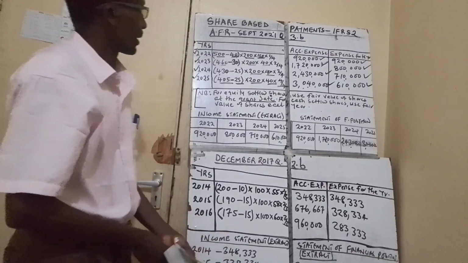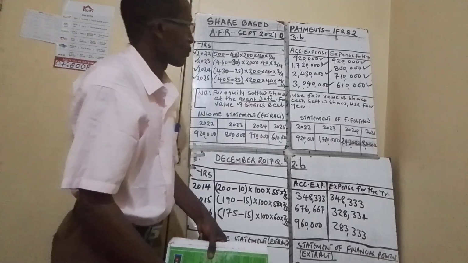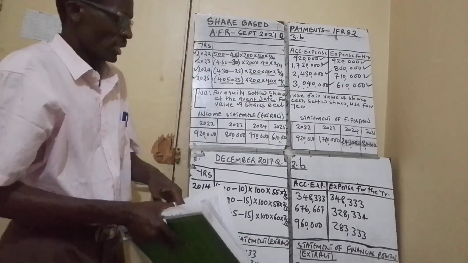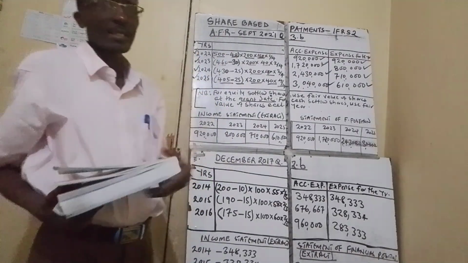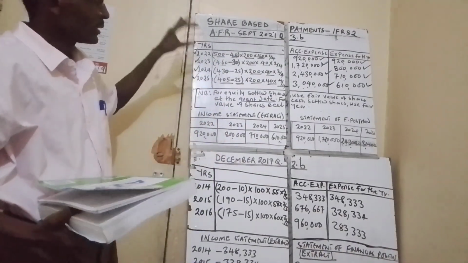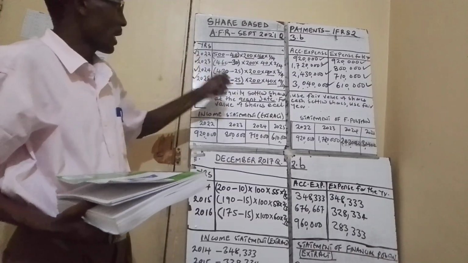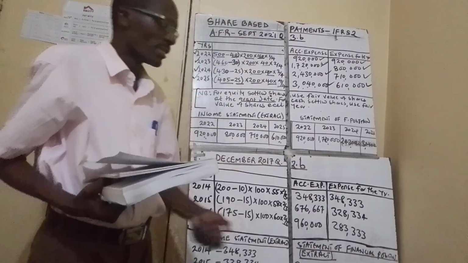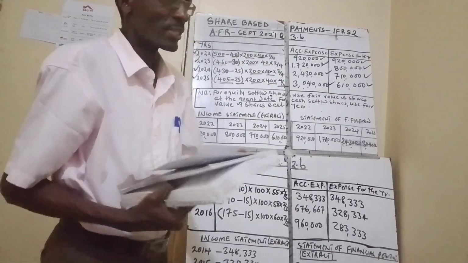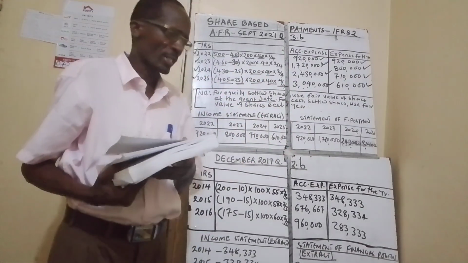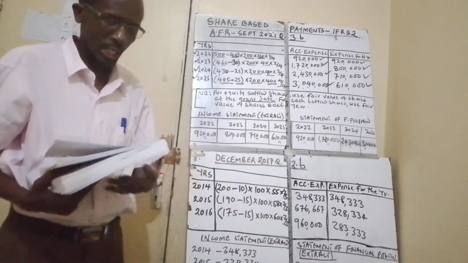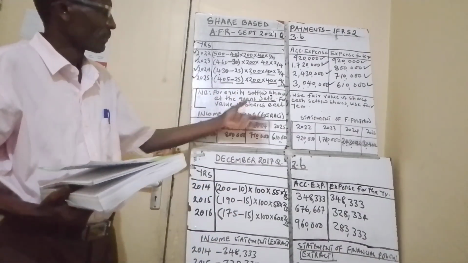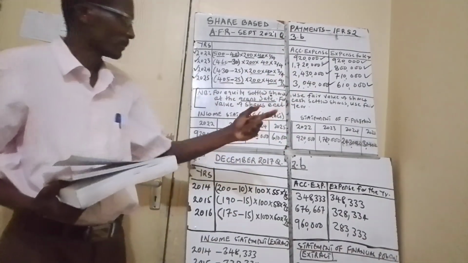End of that question, September 2021, question 3B. So the major thing that you have learned there that I want you to understand as of now is how to account for these options or these particular instruments where we are using equity settled shares and where we are using cash settled shares.